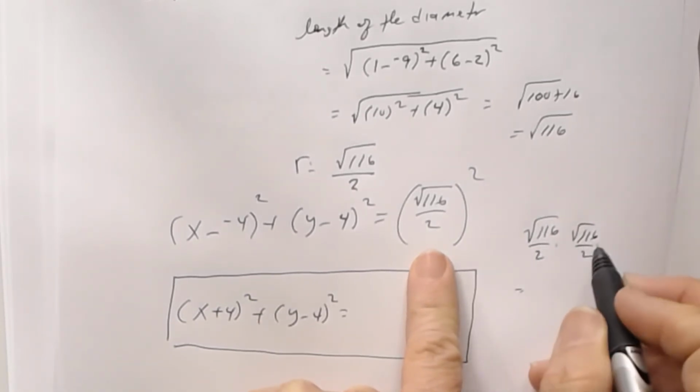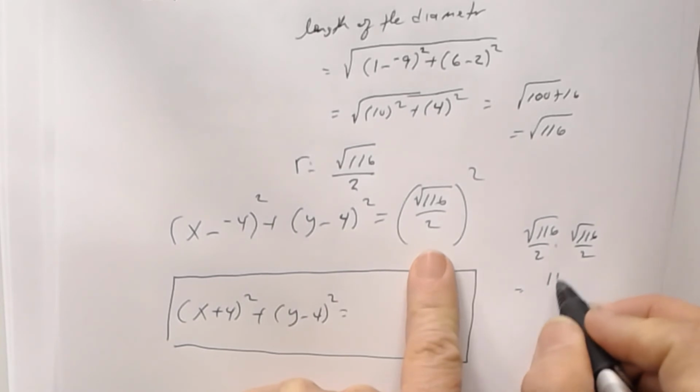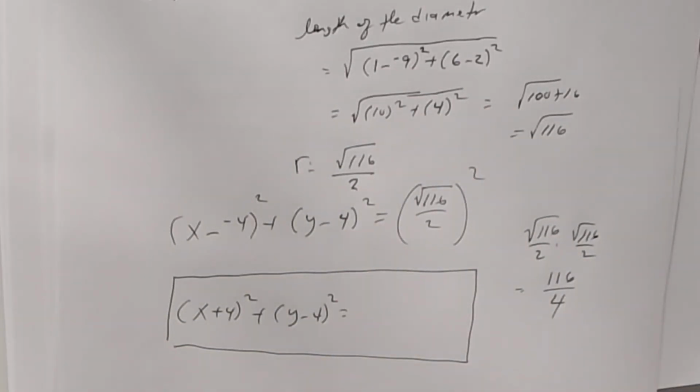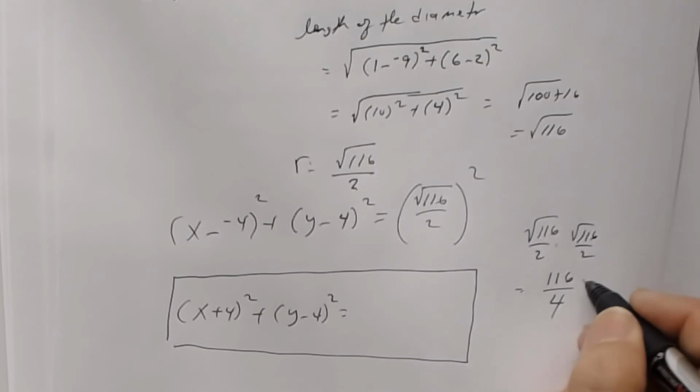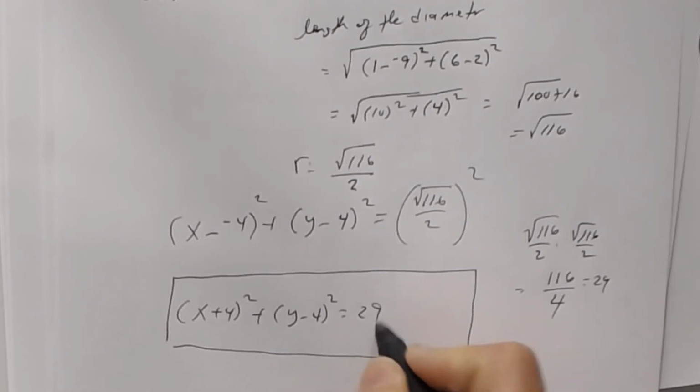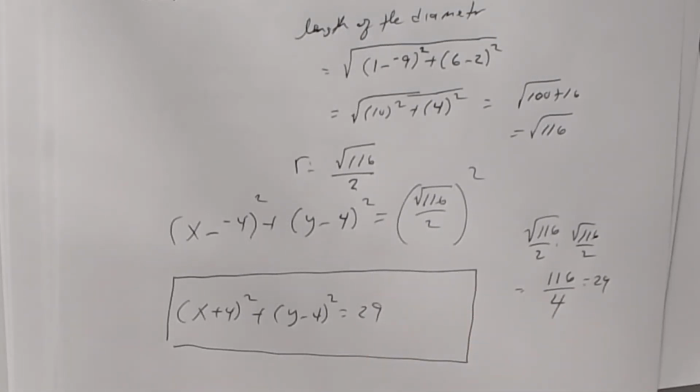Square root of 116, square root of 116 is just what? 116. 2 times 2 is 4. Okay. What is 116 divided by 4? Is that a whole number? 29. Is it 29? If it ends up being a fraction, just leave it as a fraction. So 29. All right, so that's all you do.